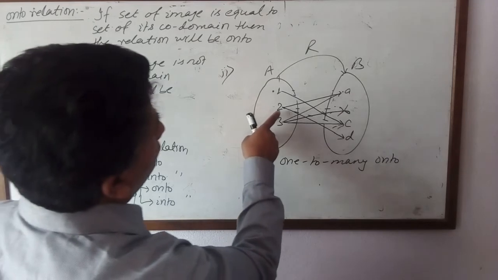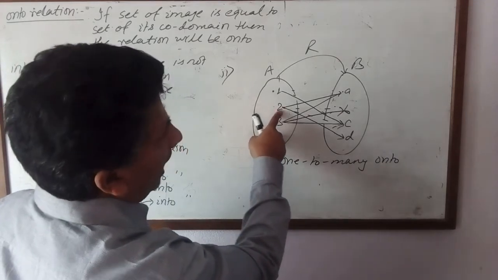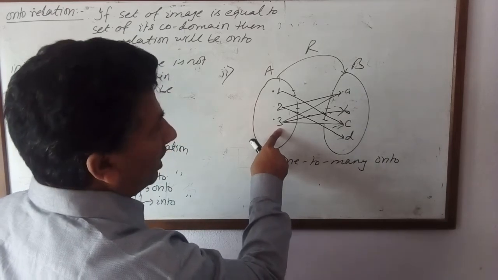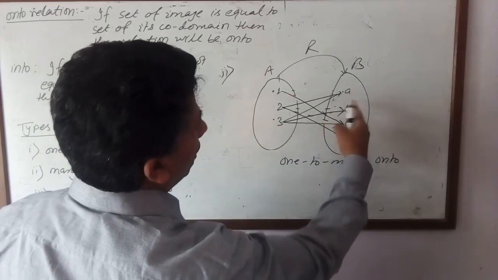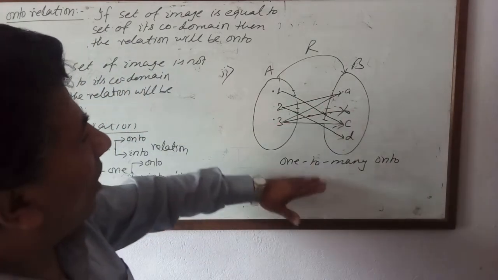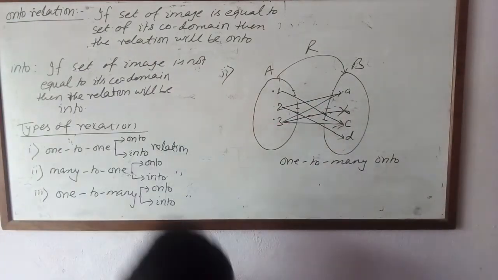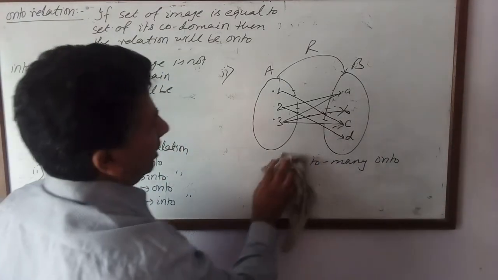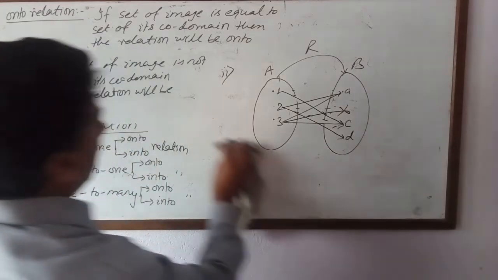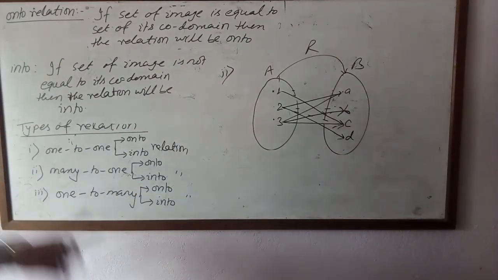1 to many: this 2, 1 domain has many images, A also, B also. 3, 1 domain, it has many images, A also, B also, C also. That's why in this condition, not only 1 to many, it is many to 1 also here. These are the types of relation.